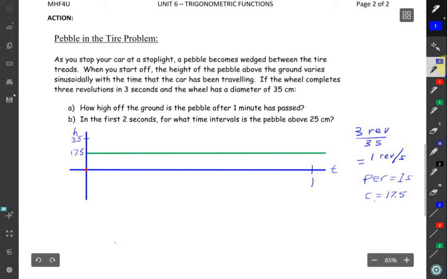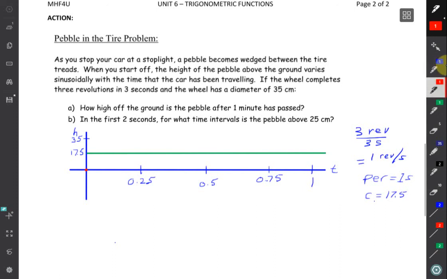So that is 1. So we will be dealing with decimal values here. This would be 0.5 seconds. And then cutting those in half again, 0.25 or quarter, and 0.75 seconds. Now I can continue with my graph.